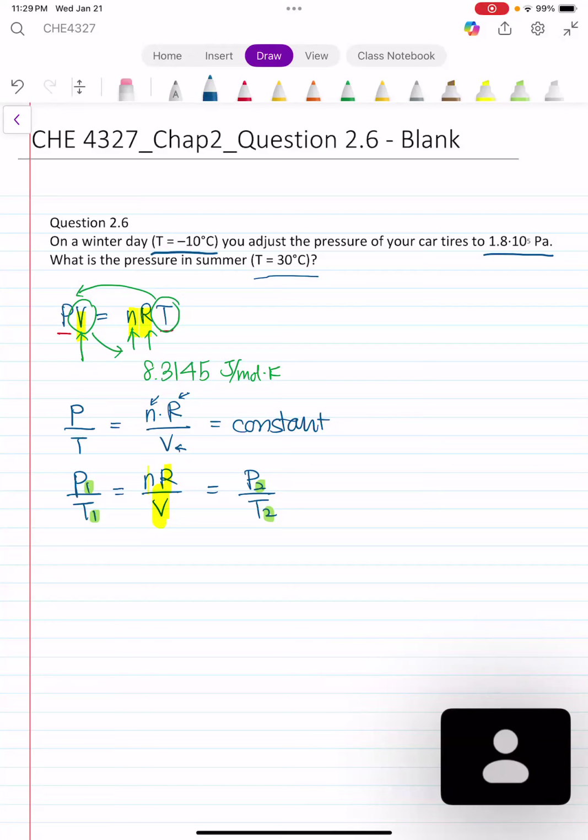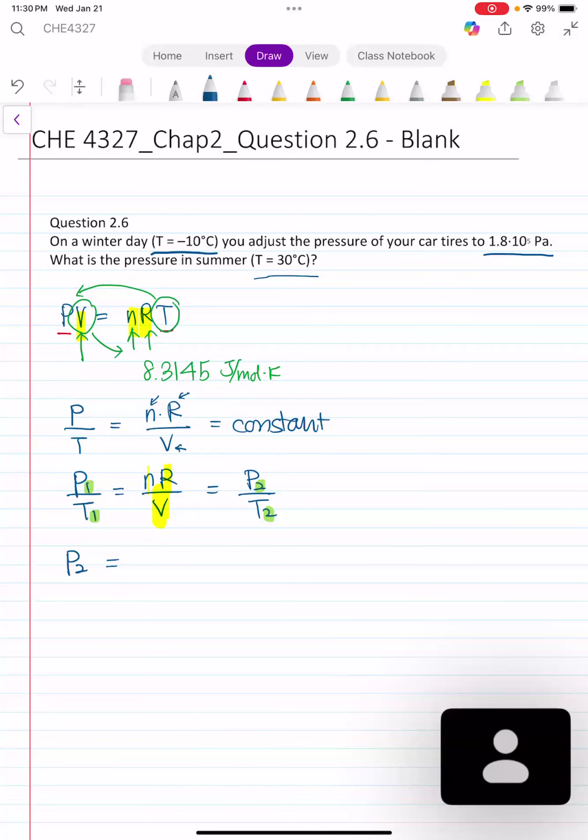Now, since our question is about the pressure in a new condition, let's say the second condition, you can rearrange this equation to solve for P2. So basically have P2 on the left side of the equation and put everything else on the right side.